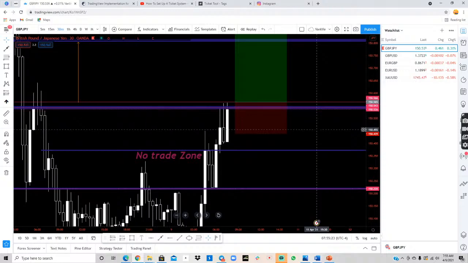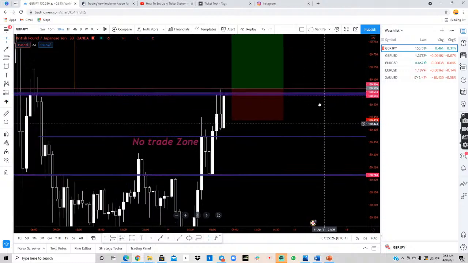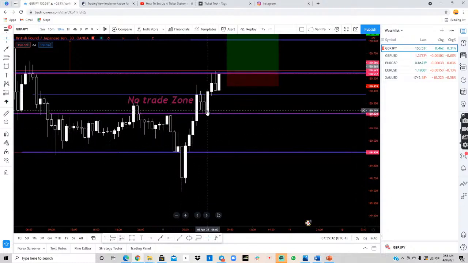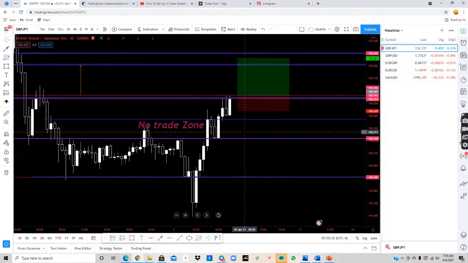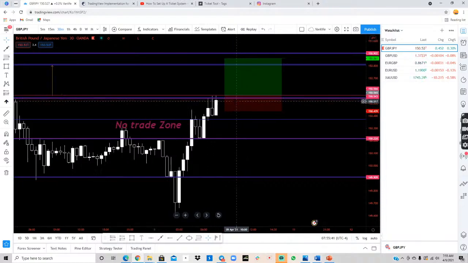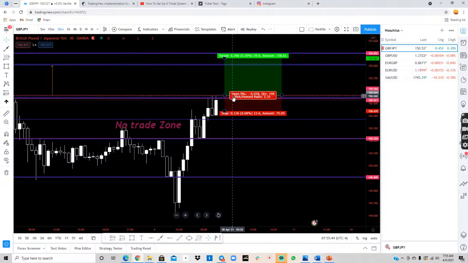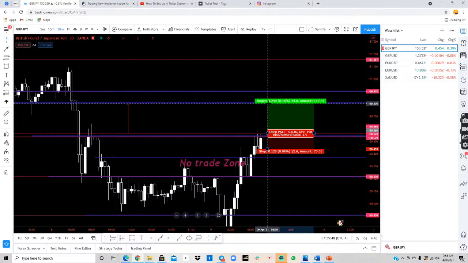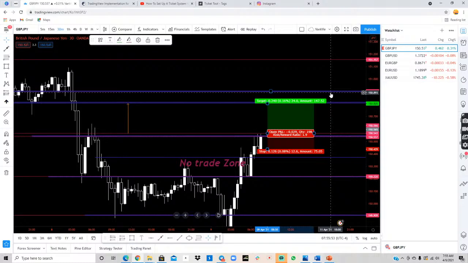It's not looking bad, but you still have to bear in mind that it is Friday and we have had a lot of volume. We have a nice push down and price got corrected. So I'm also taking that into consideration, but I think for a safer play we need price to break and close above this level, and once we get that, it will increase the probability for price to continue to push all the way back up to 150,800, and if we can break that, we can move up to 150,900 at least.